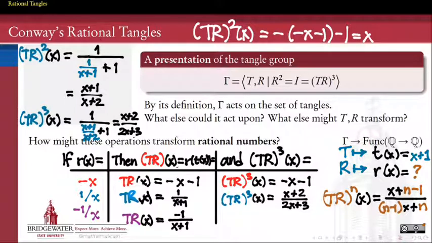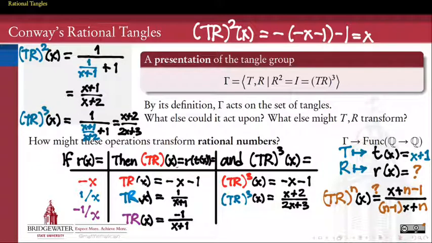So maybe this formula doesn't actually hold up for all values of n. It does seem to hold for n equals 2, right? x plus 1 over x plus 2, and then all of these increase by 1 as we go from one step to the next, but maybe something happens at TR to the 4th that makes the pattern not necessarily work. So I'm just going to put a question mark over that. But certainly, most importantly for us, the third power is not the identity function. So this involution doesn't look like it works.